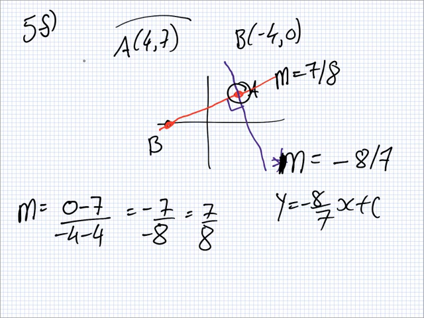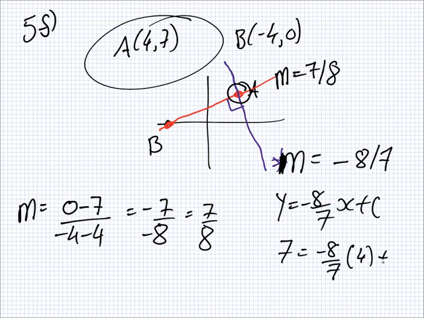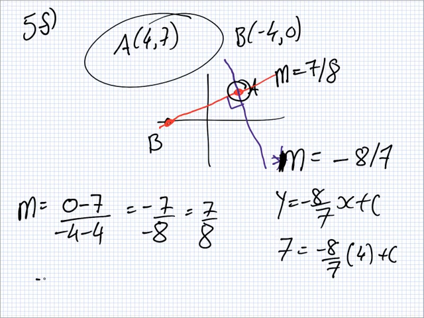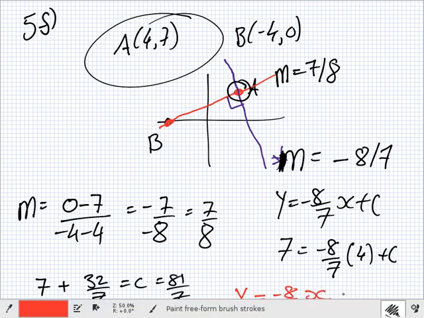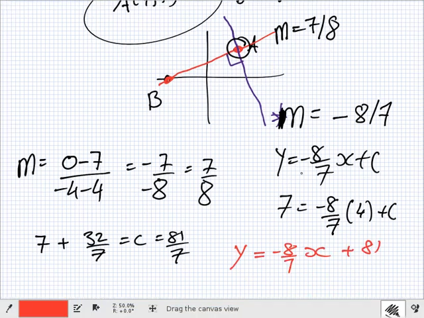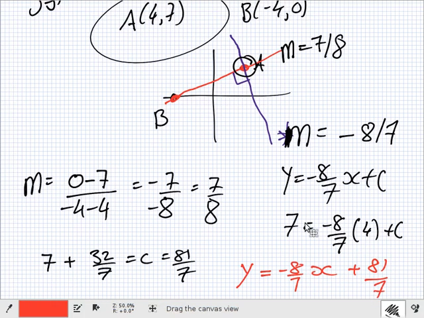So if I sub in my A, I have 7 equals minus 8 over 7 times 4 plus c. So now I'll have 7 plus 32 over 7 equals c. Don't tell me 49, 50, 81 over 7? Yeah, so c is 81 over 7. So my answer then is y equals minus 8 over 7x plus 81 over 7. That's it there.